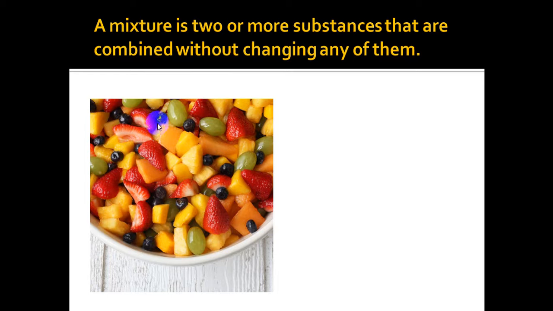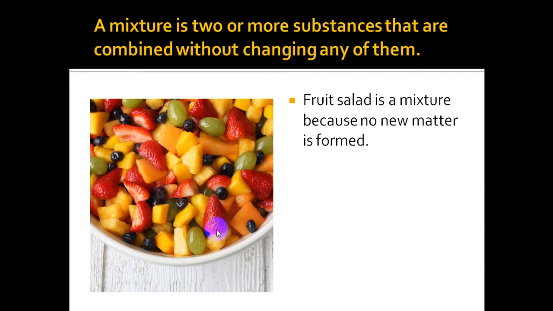We have many fruits here: strawberry, grapes, mango, orange, berries. So we have many substances. They are combined, mixed together, but they do not change. Each of them is keeping its identity. When I look, I could know that this is strawberry, this is mango, this is grapes, and so on. So fruit salad is a mixture.